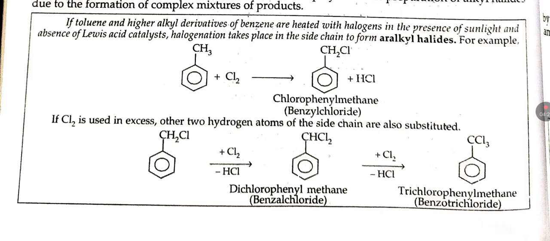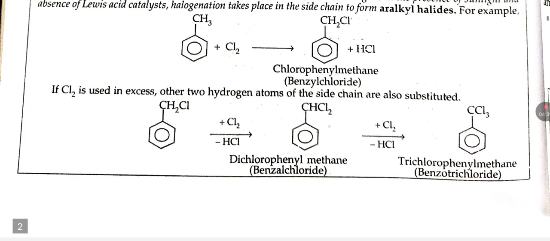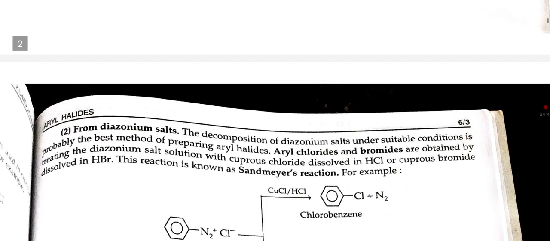If toluene and higher alkyl derivatives of benzene are heated with halogen in the presence of sunlight and absence of a Lewis acid catalyst, halogenation takes place in the side chain, giving alkyl halides. For example, if Cl2 is used in excess, the other two hydrogen atoms of the side chain are also substituted.